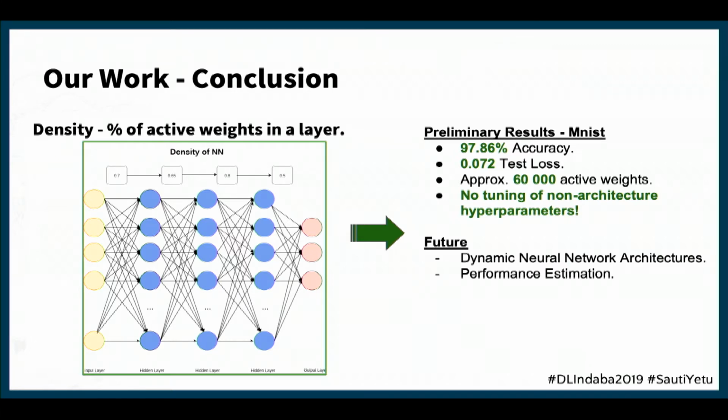With the search space, we can learn these architectures. We found that we get good performance, but an important component is that we actually use fewer active weights. On MNIST, we're able to get around 97.86% accuracy with only 60,000 active weights, which is equivalent to having one hidden layer with about 50 nodes.